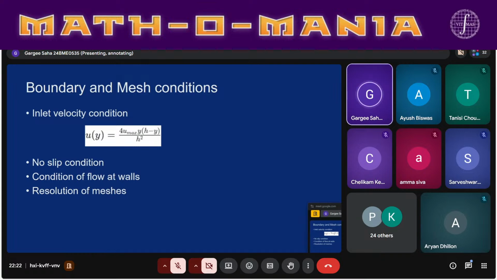Okay, let us also understand the mesh conditions now. So the problem is defined over a closed geometry called the domain, and it is enclosed within a boundary, which is called the boundary conditions. This geometry will be split into small basic shapes called cells. And the collection of all these cells are called meshes.